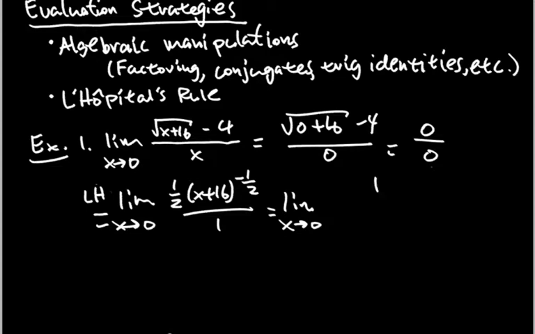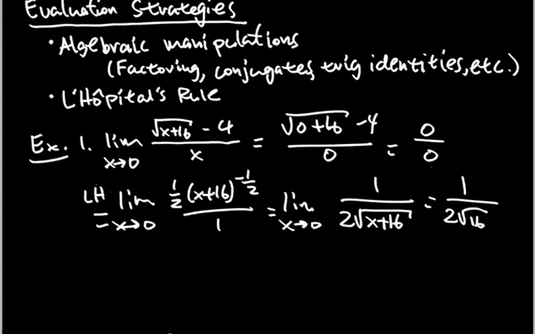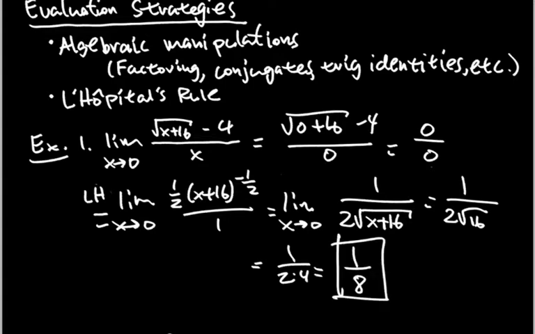So that's the same thing as having this. Substitute in 0, you get 1 over 2 times the square root of 16, which is 1 over 2 times 4, which gives you 1 over 8. Same thing that we got in the previous one, right?